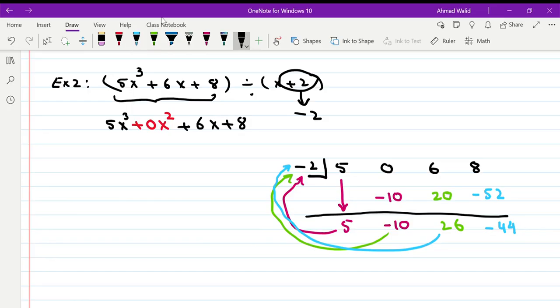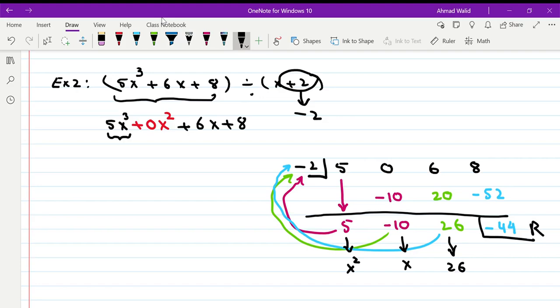Now, how to write your answer? Your polynomial starts from x cubed. Then this number will be the coefficient of x squared, one less, right? I told you one less. This number should be the coefficient of x, and this one should be my constant term, and the last number is my remainder.